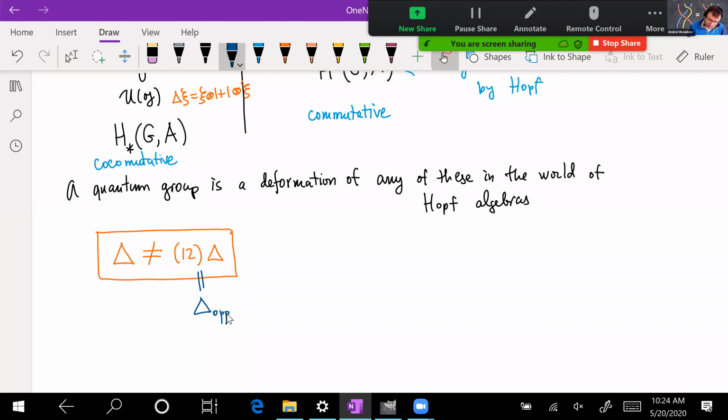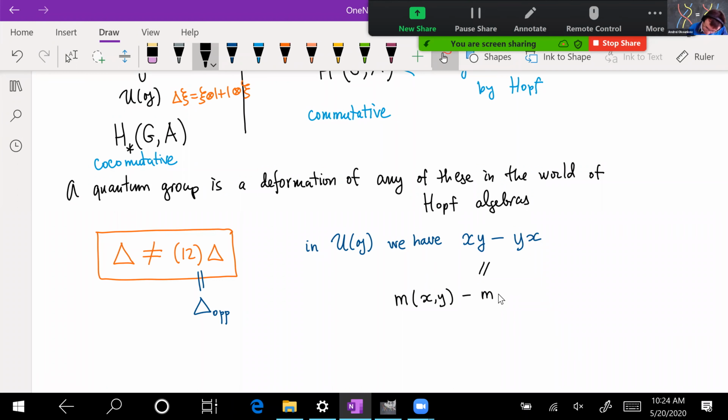I remind you that in the universal enveloping algebra of a Lie algebra, we have a relation. If I want to multiply x and y and compare it with the multiplication of y and x, I don't know how to say it categorically, but you take the multiplication of x, y and compare it with the multiplication precomposed with the permutation of x, y.